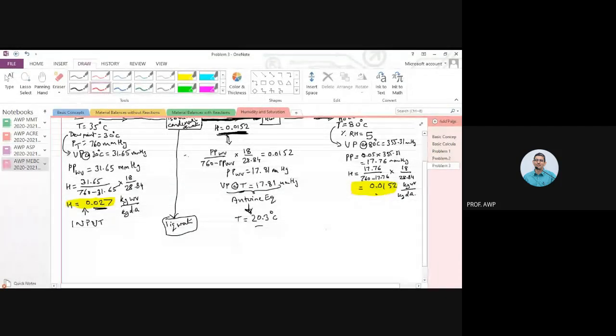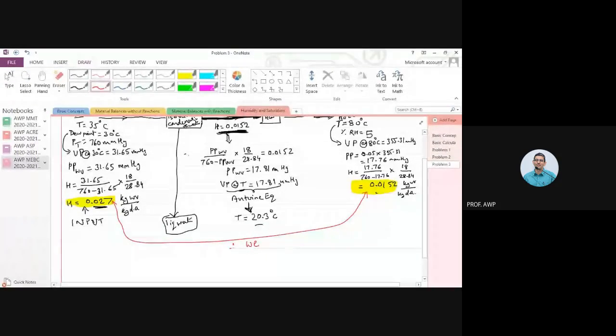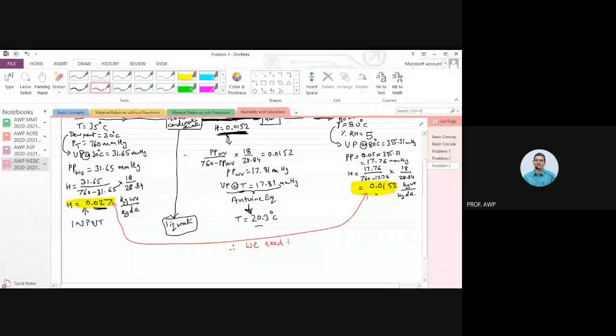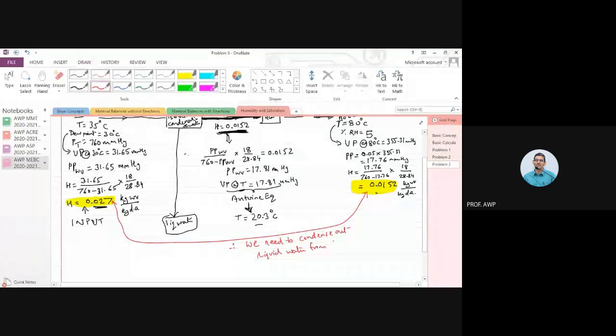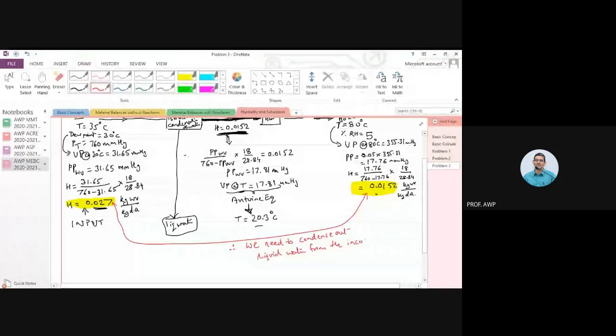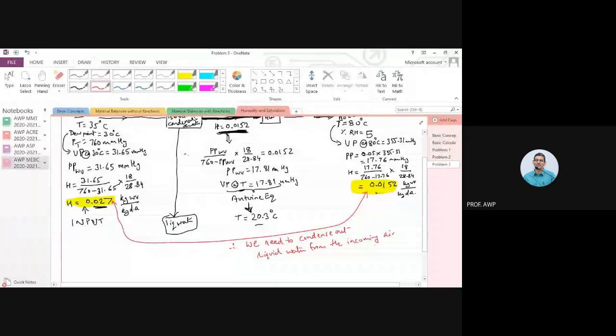And therefore, we need to condense out liquid water from the incoming air. Right? Then only the humidity of the remaining air will reduce.